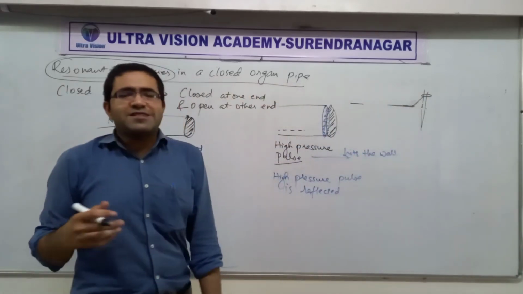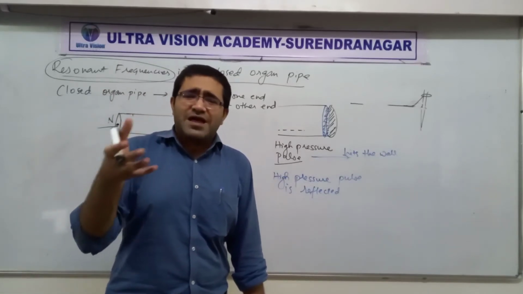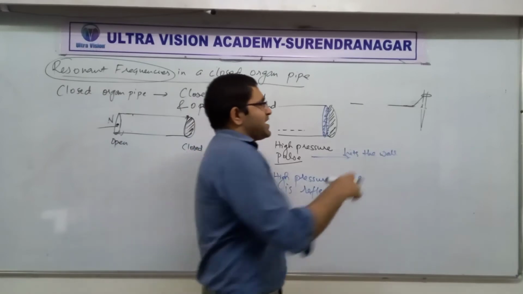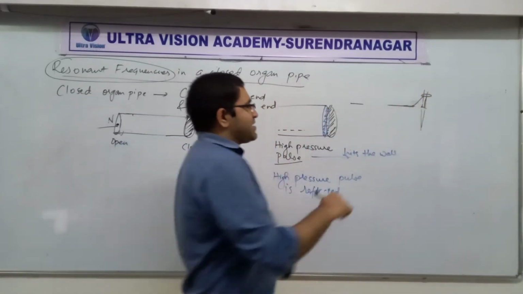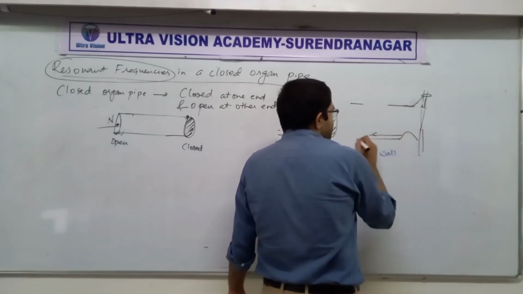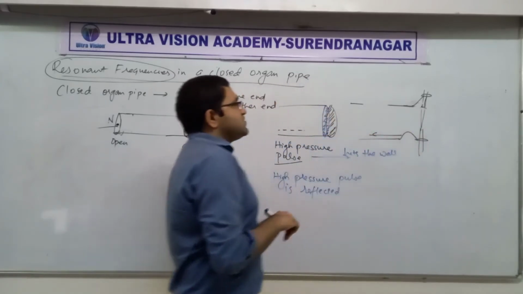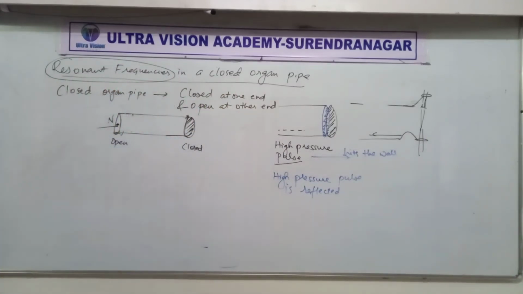Okay? And then because that ring has risen up, when it tries to fall down, that will create another wave that will travel in this direction. Do you remember how a wave is reflected? Ditto the same thing over here.